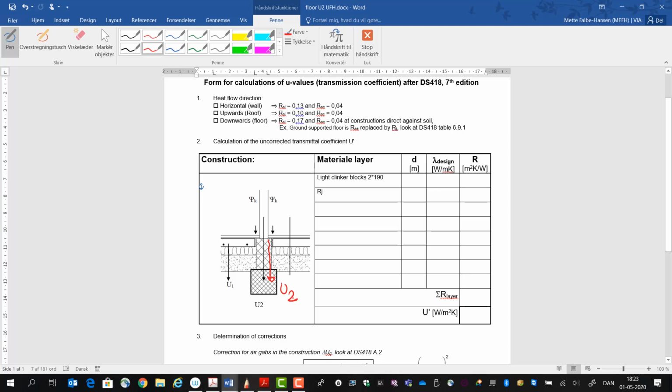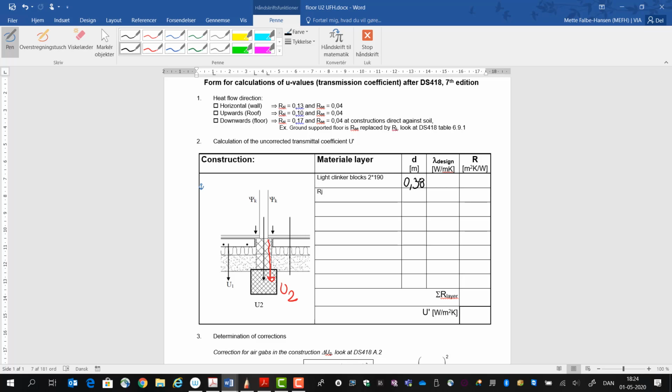And there we have two light clinker blocks, and they are in height 190. So we have twice of those, so that would be 0.38. And then we have to find the lambda value for these light clinker blocks.